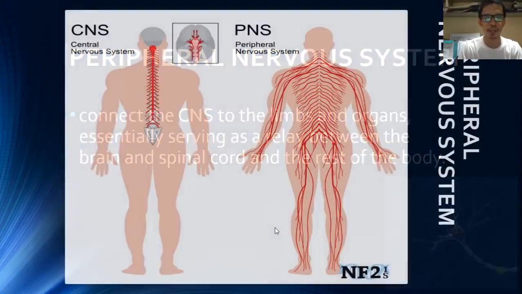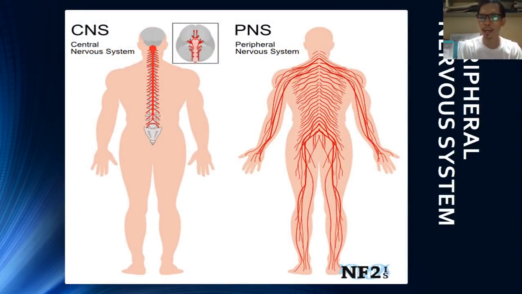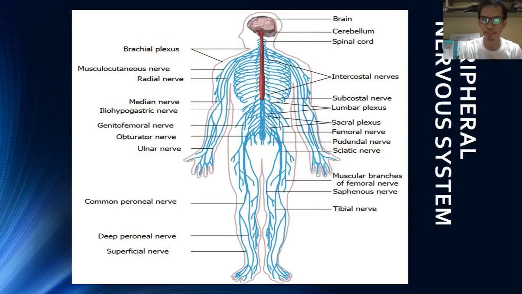Okay, so next one. Now, this is the comparison between the central nervous system and the peripheral nervous system. As you can see, all the nerves of your body are under the peripheral nervous system. If you combine them together, there are a lot of nerves located in our body, from the hands, in the limbs, the foot that we have right here.